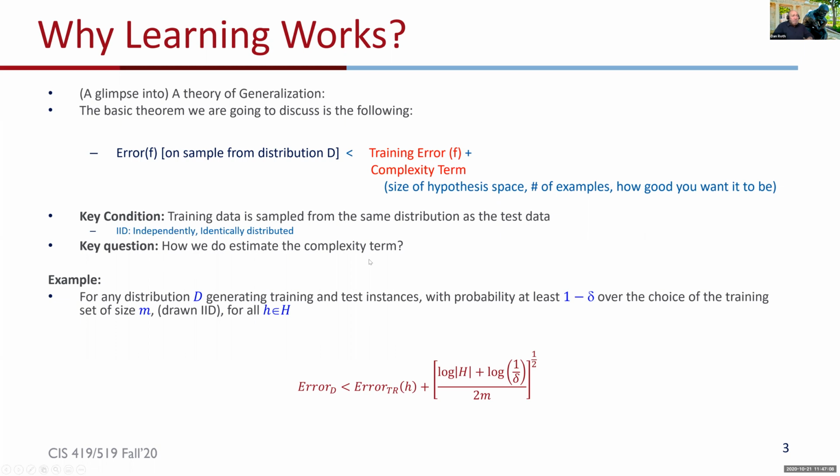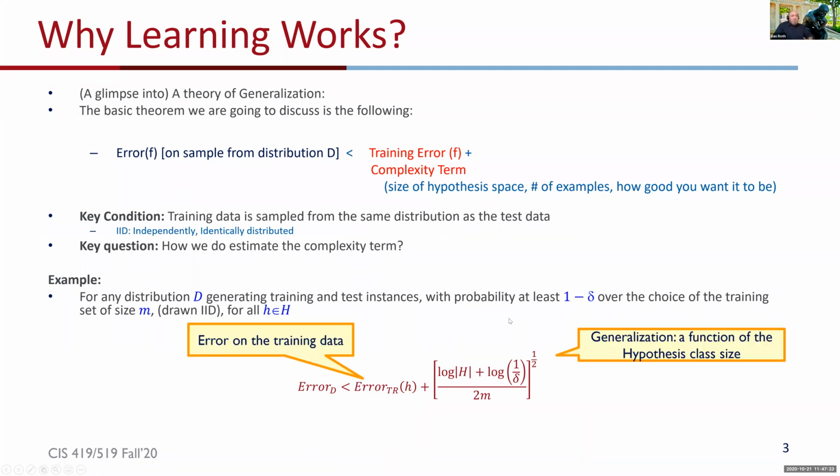As an example, we're going to show one case of a complexity term that looks like this. So the true error on the distribution is going to be bounded by the training error plus this complexity term. And when you read this, hopefully you see that everything makes sense, right? These complexity terms become smaller as m, the number of examples, goes up. If you see more examples, of course, the training error is going to be closer to the true error.